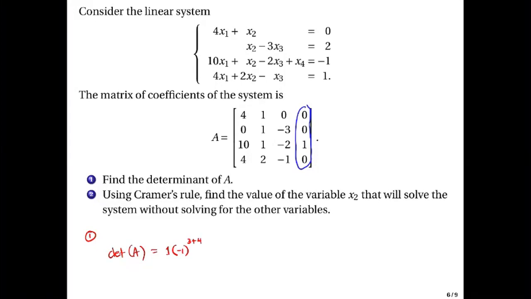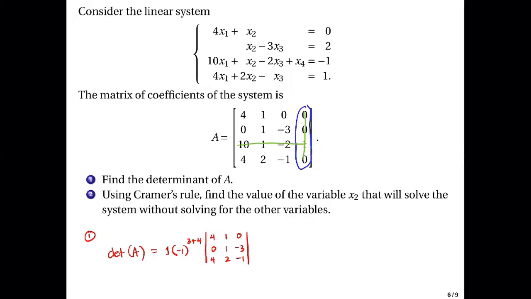Then we delete this row and this column, which means that we just need the determinant of the matrix 4, 1, 0, 0, 1, negative 3, 4, 2, negative 1.